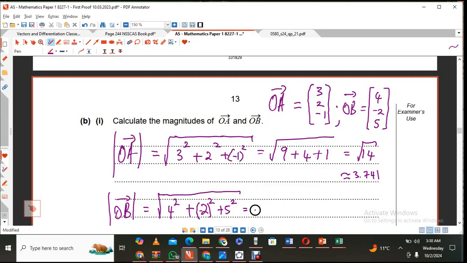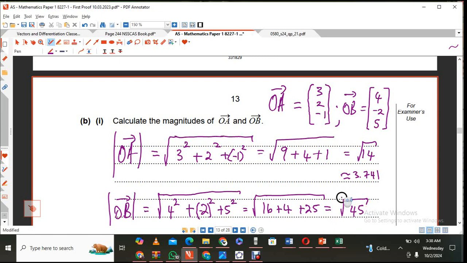So let's see, we have 16, that is 4 squared, 2 squared is 4, and 5 squared is 25. So that's 20 plus 25, which is nothing but the square root of 45.